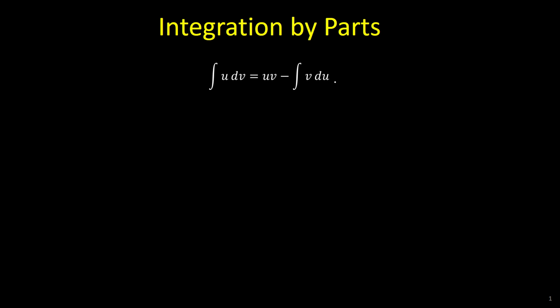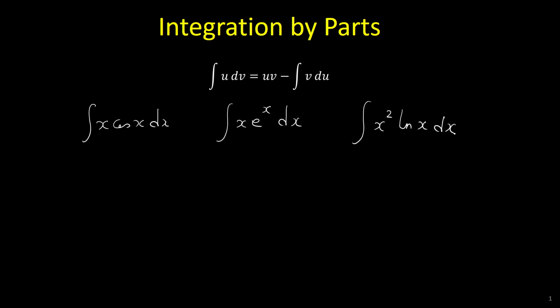Integration by parts is ideally suited when you want to evaluate integrals of products of functions. For example, when you want to find integral of x cosine of x dx, or integral of x times e to the x dx, or integral of x squared ln of x dx.